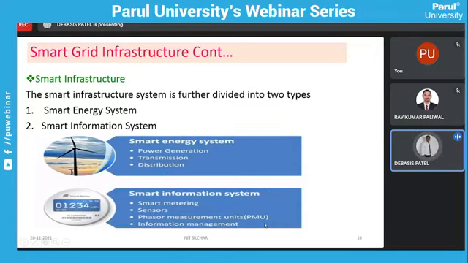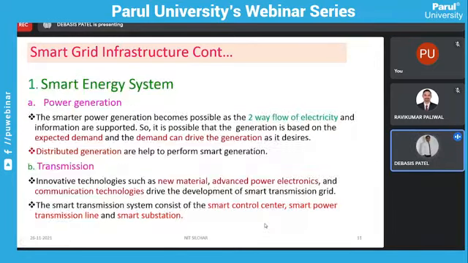Coming next, the smart energy system. There is power generation. How power generation will occur, and it provides the true flow of electricity, expected demand. Demand can drive the generation, and how we can balance the supply and demand equations, right? Transmission, as you all know, new materials, advanced power electronics and communication technology drive the development of the smart transmission grid.